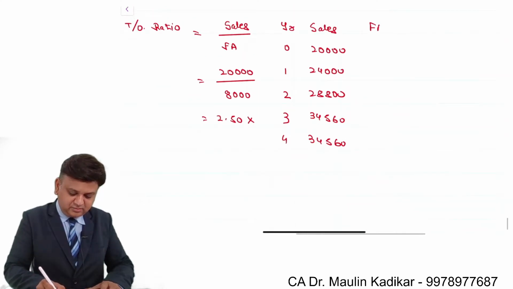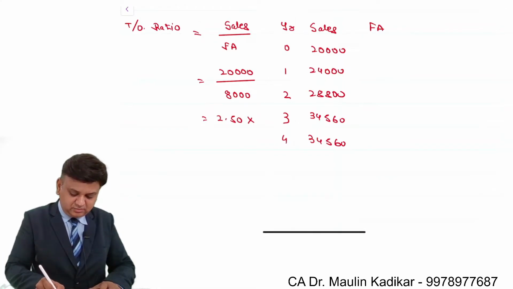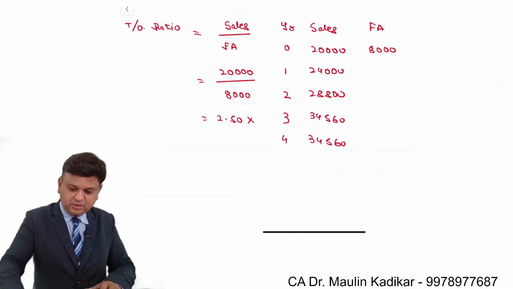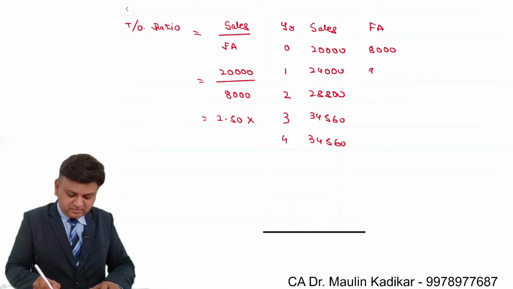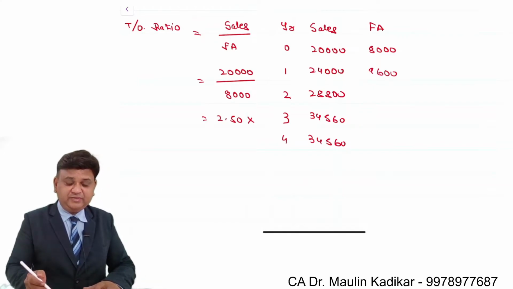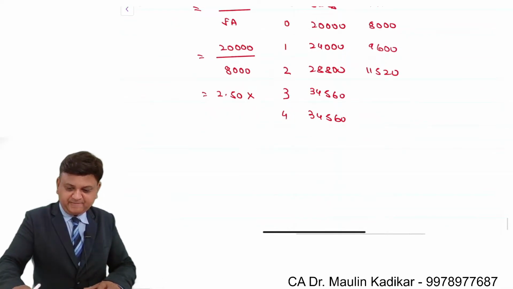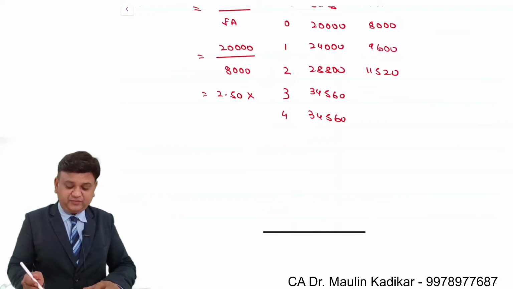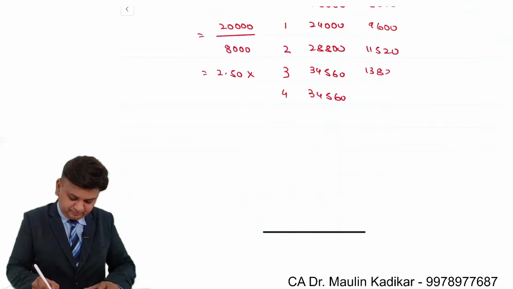So fixed asset: 20,000 divided by 2.5, it is 8,000. 24,000 divided by 2.5 once again, it is 9,600. 28,800 divided by 2.5 is 11,520. 34560 upon 2.5 is 13824, and again it will be 13824.